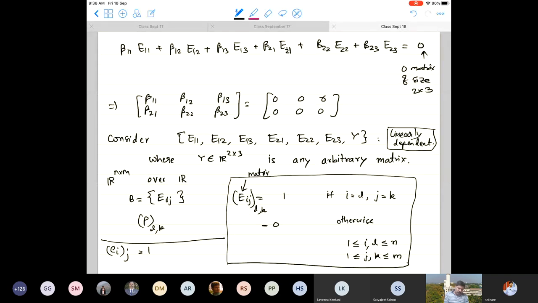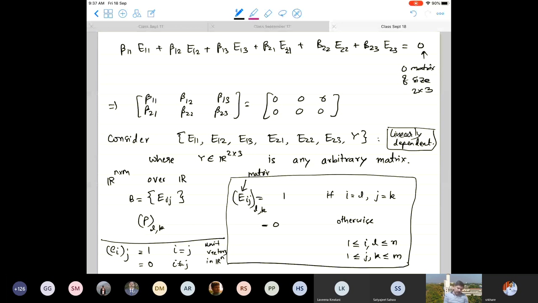Eij is equal to 1 if i is equal to j, and is equal to 0 otherwise, that is i is not equal to j. That's how we defined unit vectors in Rn. You had no difficulty in understanding this notation at that time. Is that right? And what was the length of the indices?